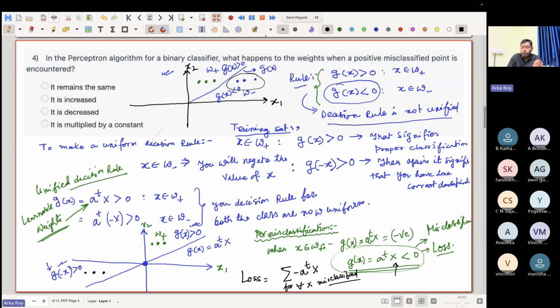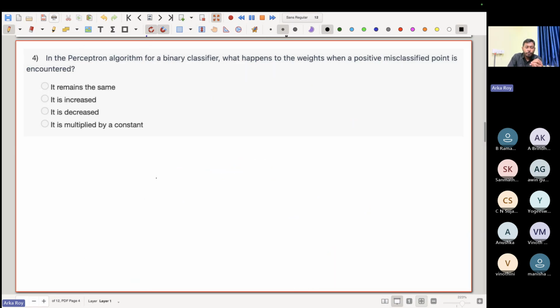And then, to update the weights, we have to go for a gradient descent based optimization technique. So now let me write the gradient descent based optimization technique. So till this point, your loss function L of A is basically the summation of minus A transpose X for all X misclassified.